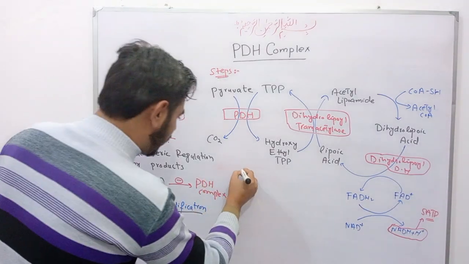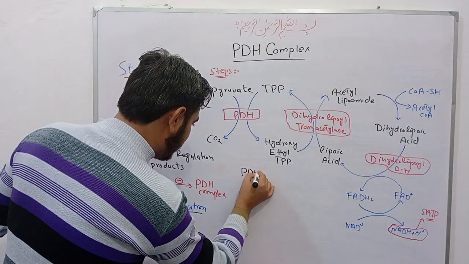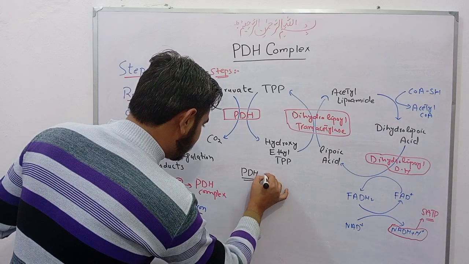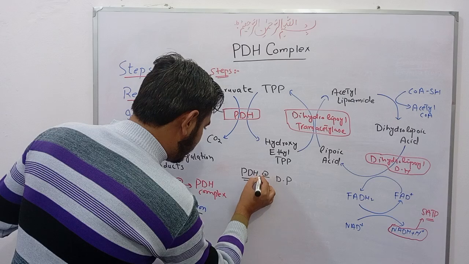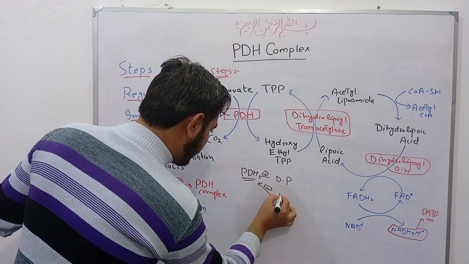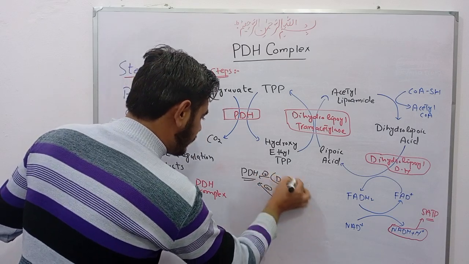Students, this pyruvate dehydrogenase enzyme activates only in the dephosphorylated condition, and it is inhibited in the phosphorylated condition.